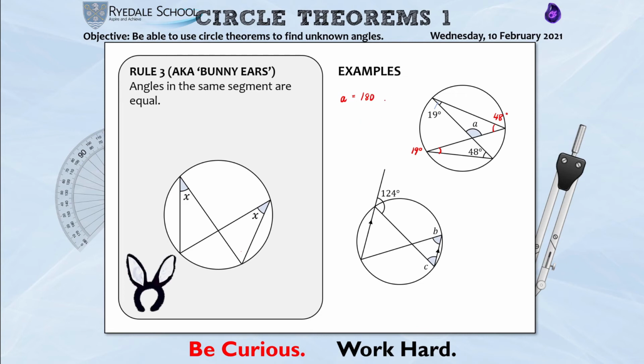They must add up to 180. So if I work out what 19 add 48 is, and subtract it from 180, well 19 add 48 is 67. If I subtract that from 180, angle A is 113 degrees.